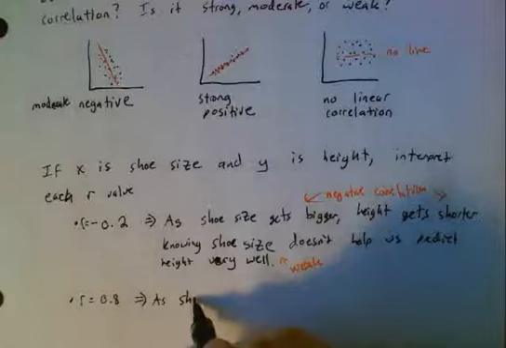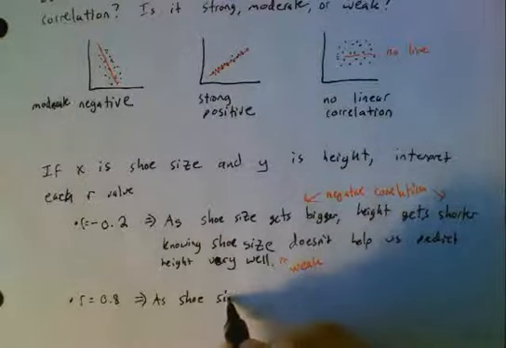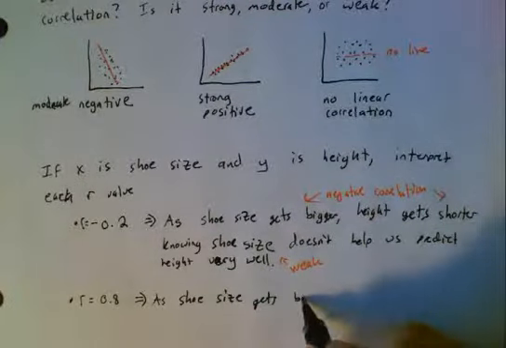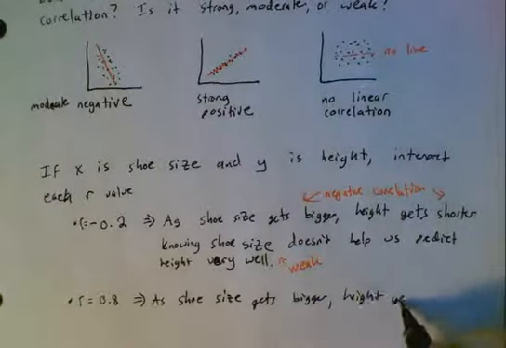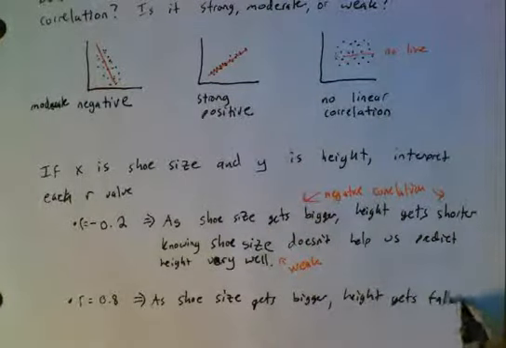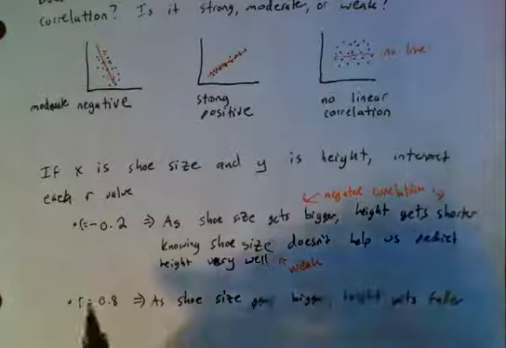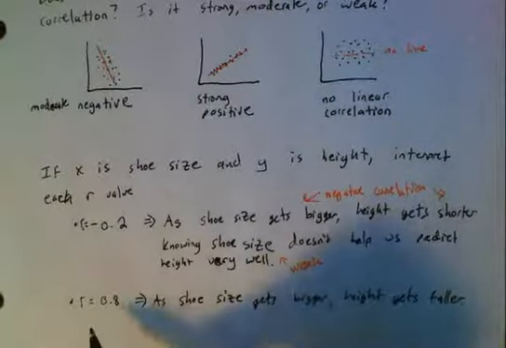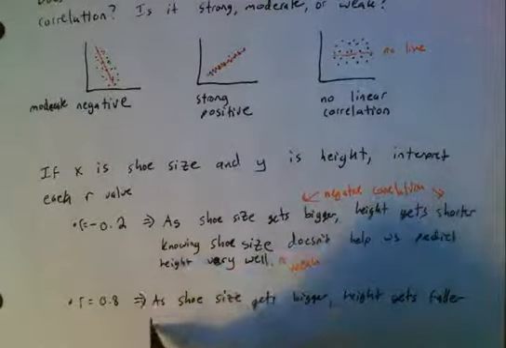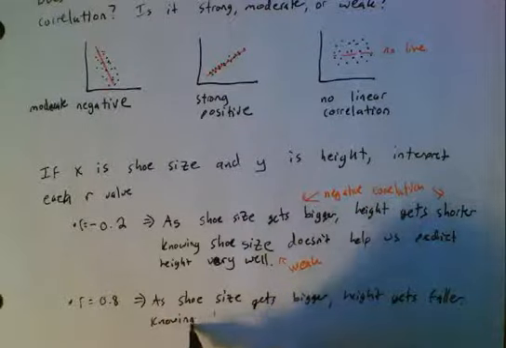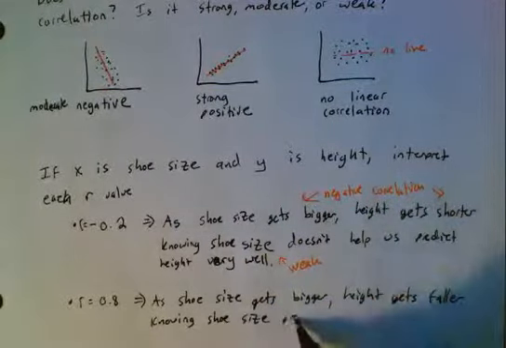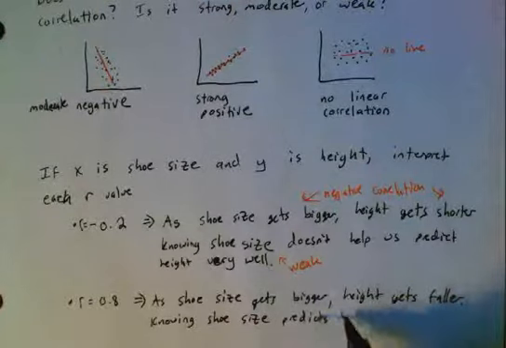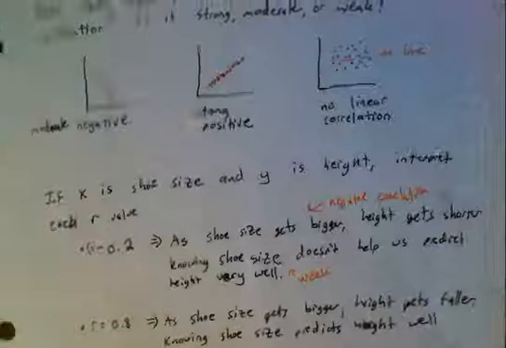So as shoe size gets bigger, height gets taller. That's the positive correlation part. The fact that it's a strong correlation, it's 0.8, means knowing shoe size lets us predict height well.